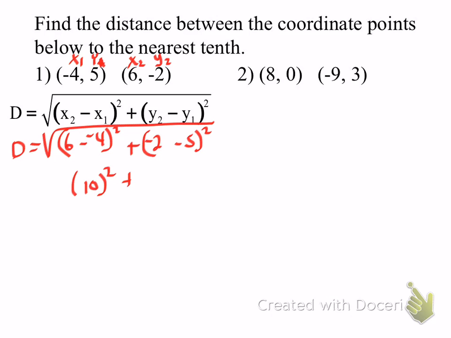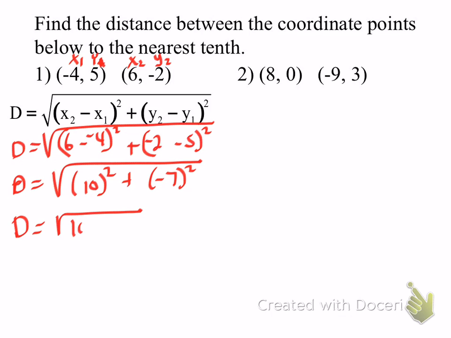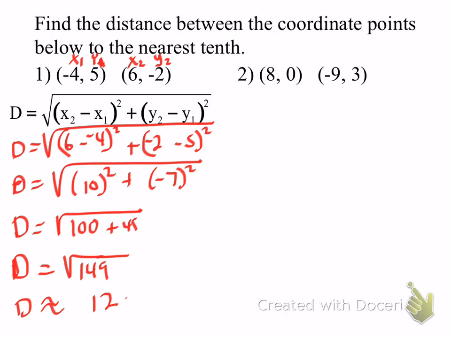I don't want to hear a chair move. And then we have negative 7 squared. Okay, D equals 100 plus 49. D equals the square root of 149. It's a little more than 12. D is about equal to 12.2. You understand?